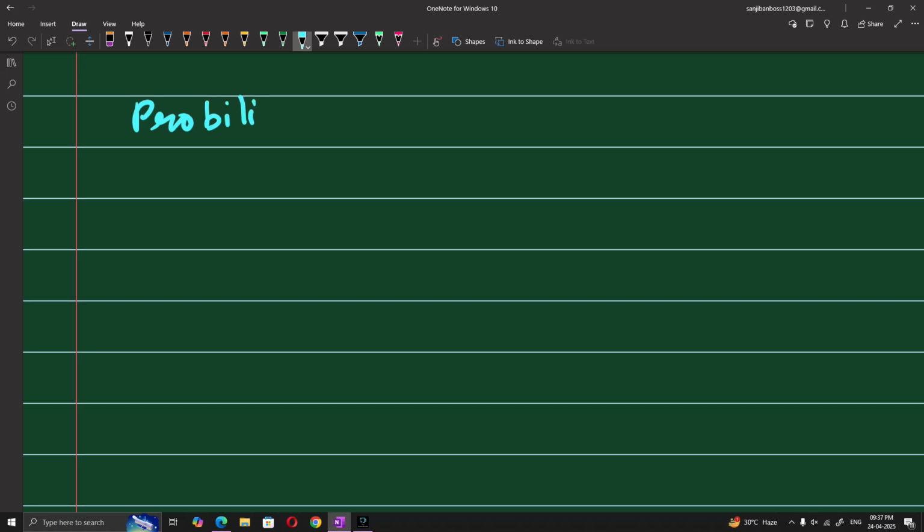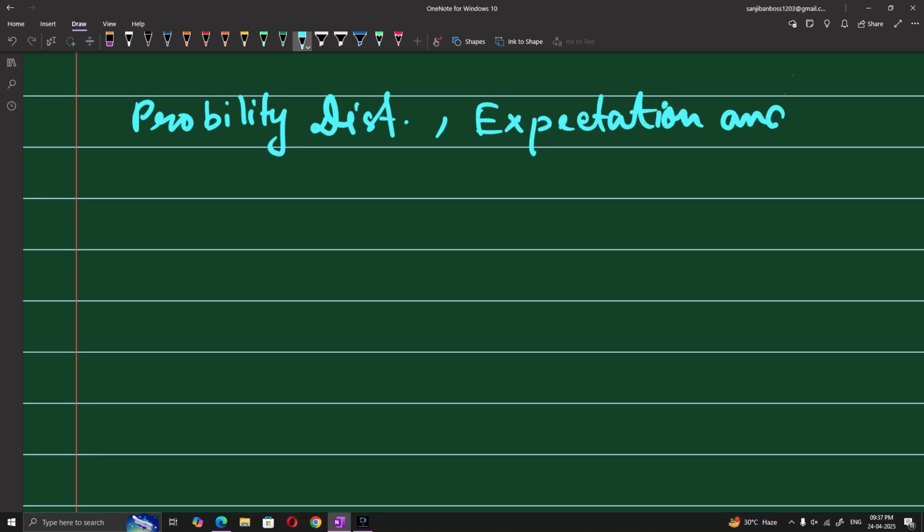Probability distribution, expectation and variance of a random variable.